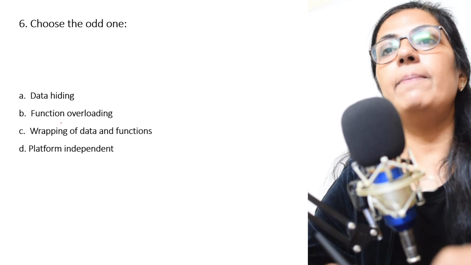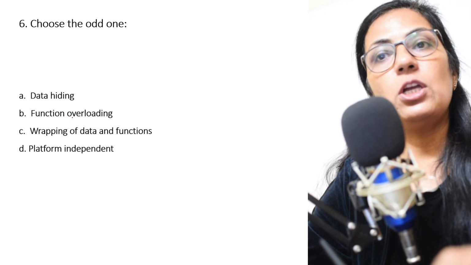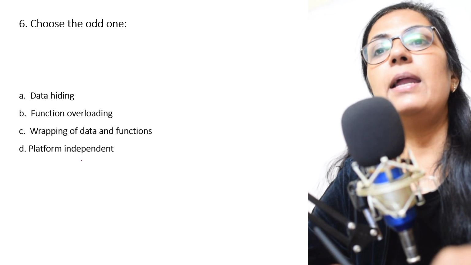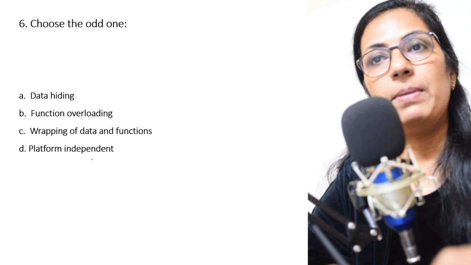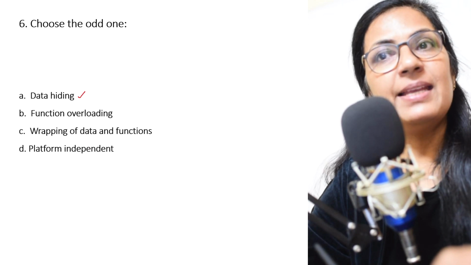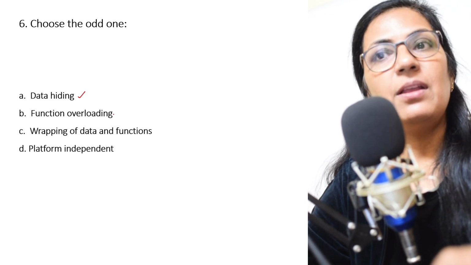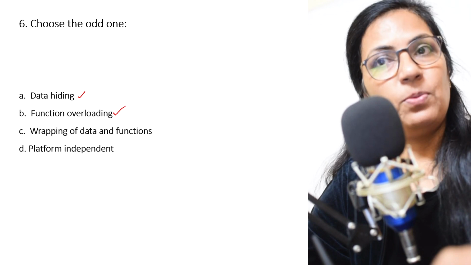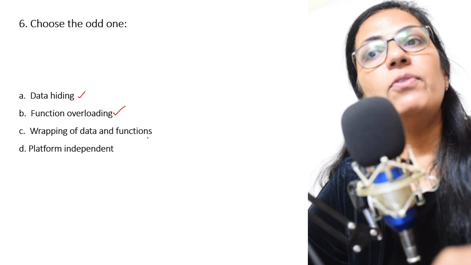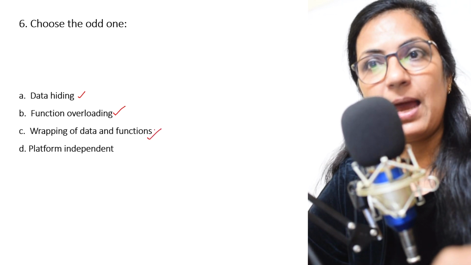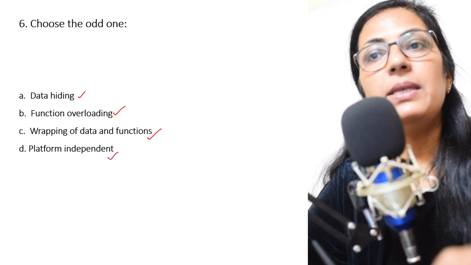The next one: data hiding, function overloading, wrapping of data and functions, and platform independent. Data hiding is achieved in data abstraction, function overloading through polymorphism, wrapping of data and function is through encapsulation. Platform independent.